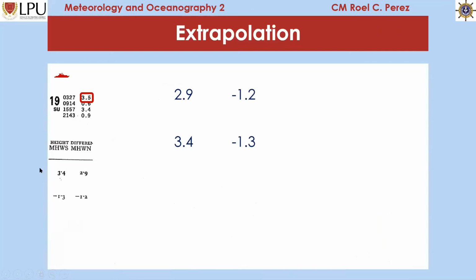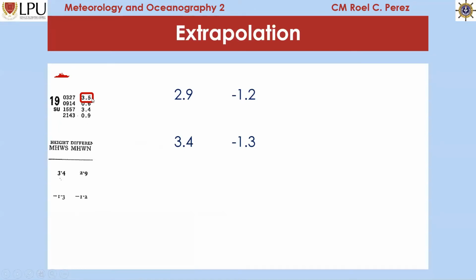Okay. So this is our selection. Mean high water spring 3.4 and the corresponding value at the secondary port is negative 1.3. And then we have the mean high water nip tide, which is 2.9 and the corresponding value at the secondary port is negative 1.2.